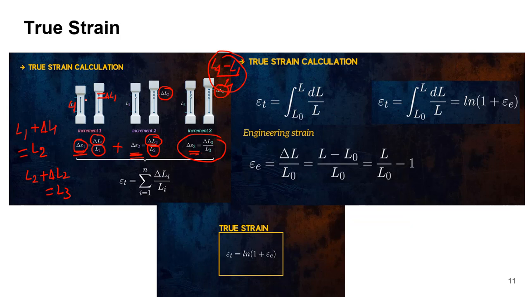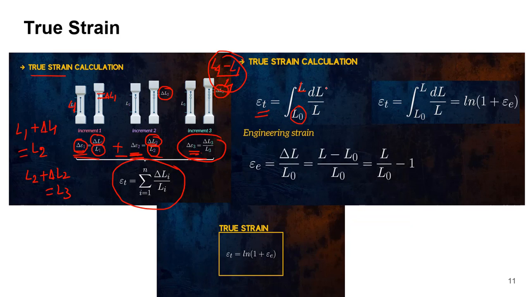So to find out the true strain, you have to add all these instantaneous increments. Here we have shown it in a discrete way, but actually you have to do it in a continuous way. So the summation will be integration. That integration will be from the initial length L0 to L, the final length up to which you want to find out the true strain.